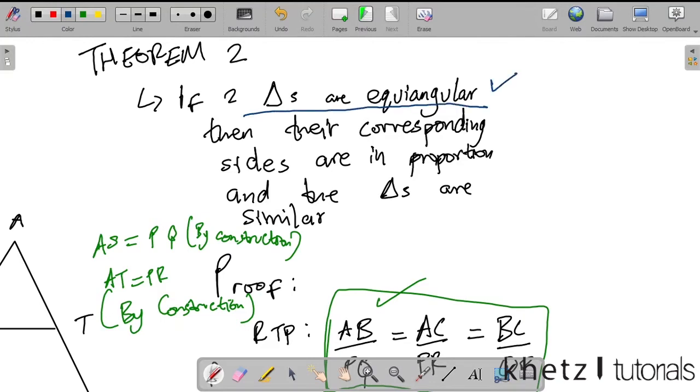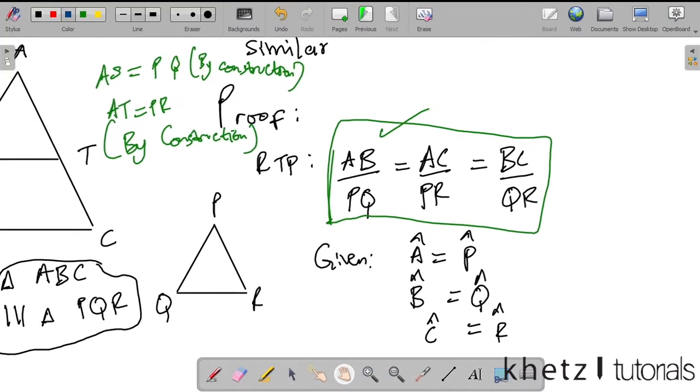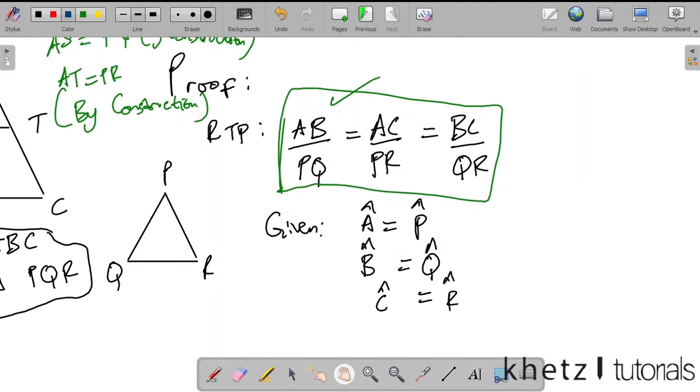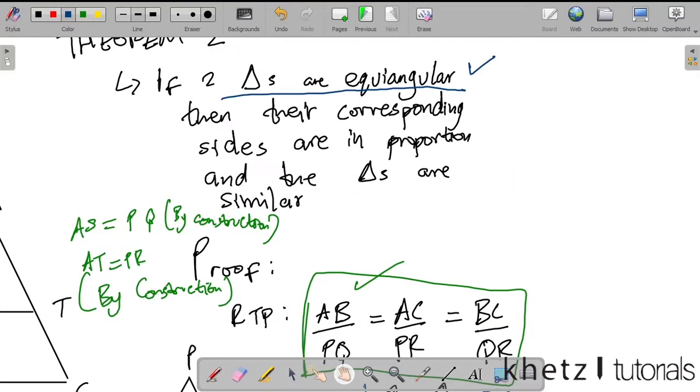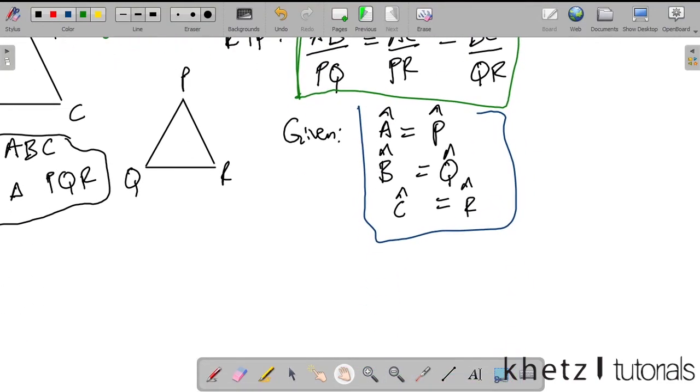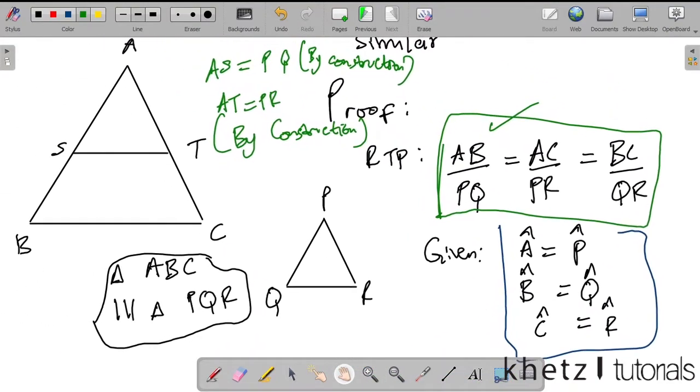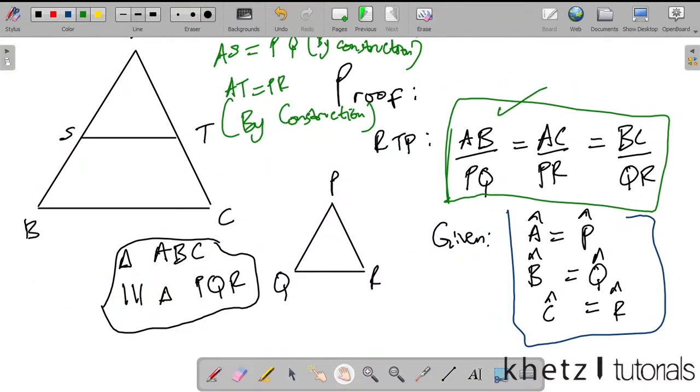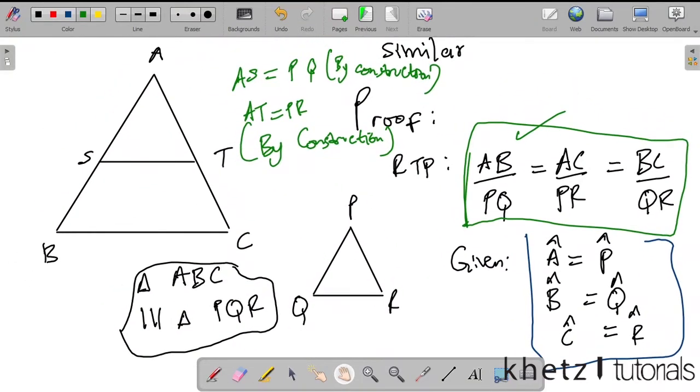You know that for sure because we are given that their angles are equal. Now we want to prove the second part, which says if two triangles are equiangular, then their corresponding sides are in proportion. So we want to prove that the corresponding sides are in proportion, after knowing that the angles are equal. Let's proceed to do that using this construction.